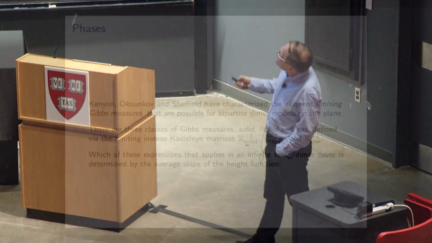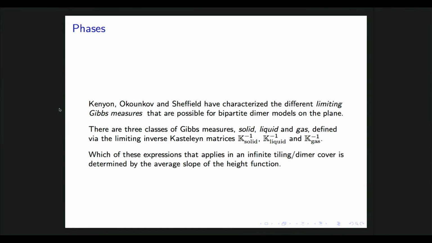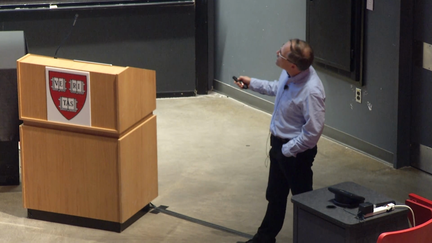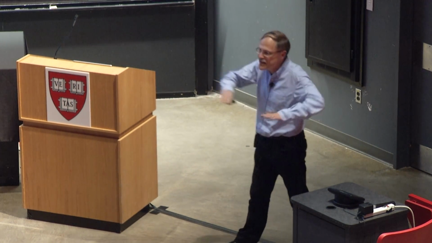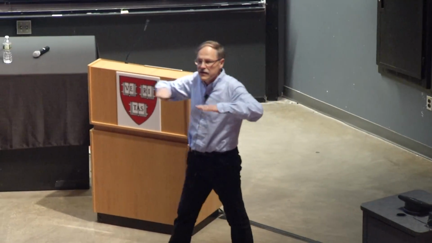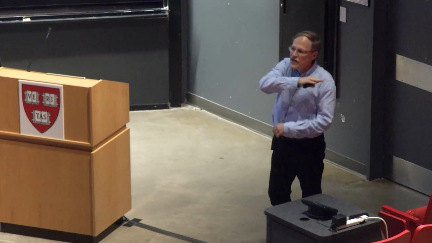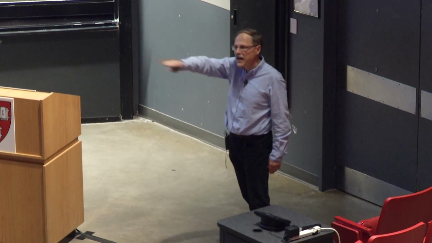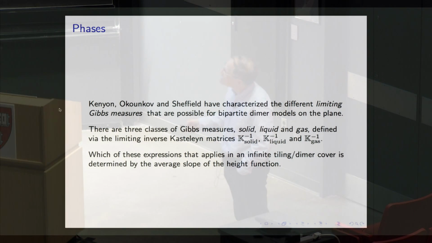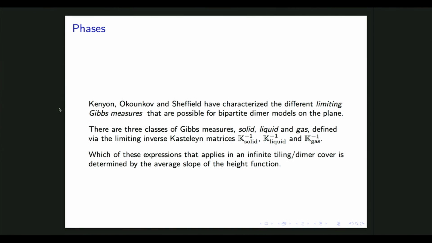Kenyon and Okounkov characterized all the possible Gibbs measures that you can get in this type of models, and they come in three types, solid, liquid, and gas. And you can describe them by limiting infinite inverse Kasteleyn matrices, which describe the infinite tiling of the whole plane with this type of faces. So there are solid type, liquid type, and gas type infinite inverse Kasteleyn matrices.